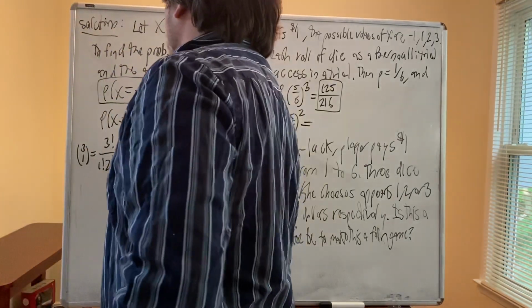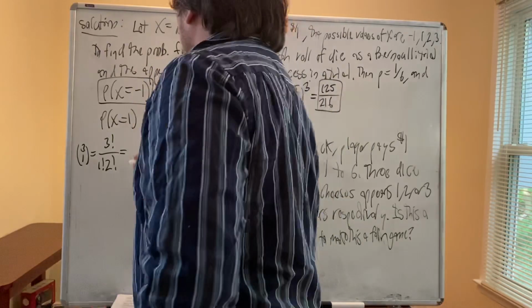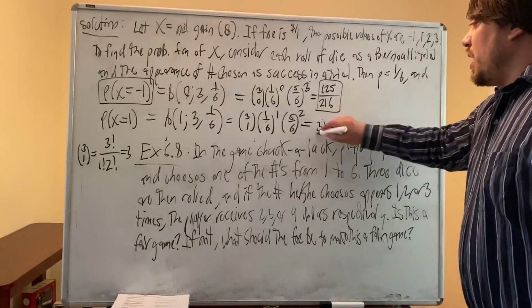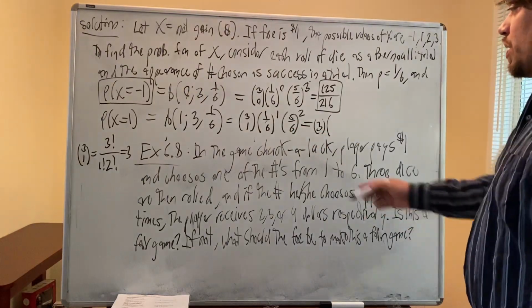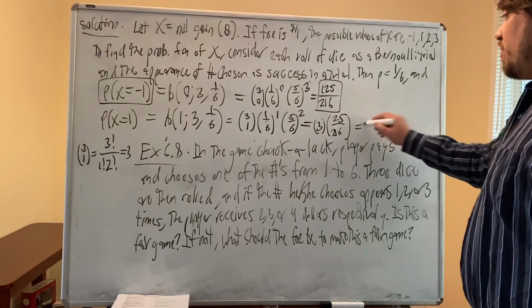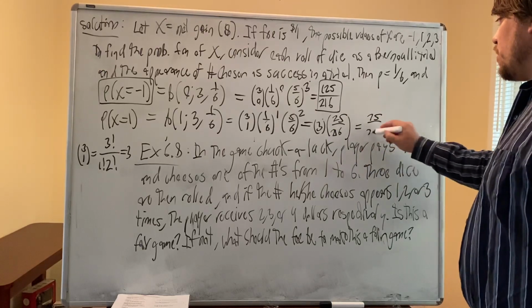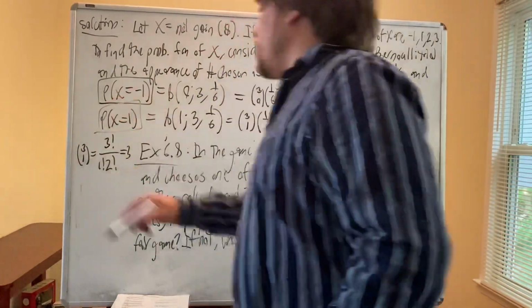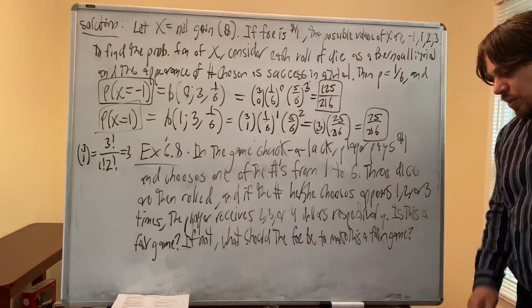And you calculate that and you get 3. Okay, so this is 3 times 1/6 times 5/6 squared, so that's 25 over 216. 3 times 25 over 216 is 75 over 216. And so the probability that the net gain of the player is 1 is 75 over 216.